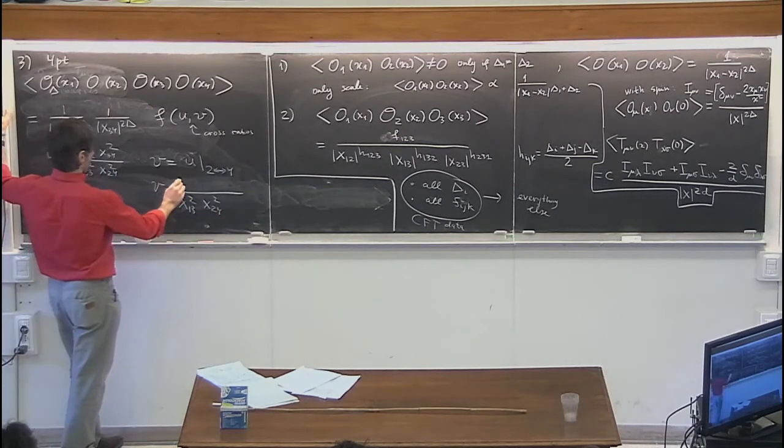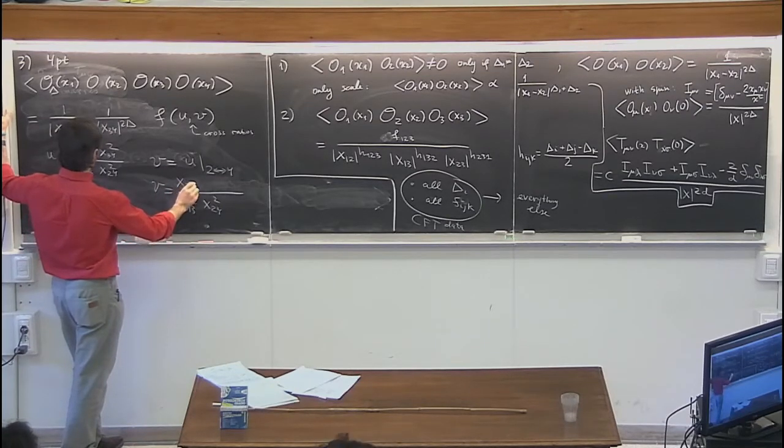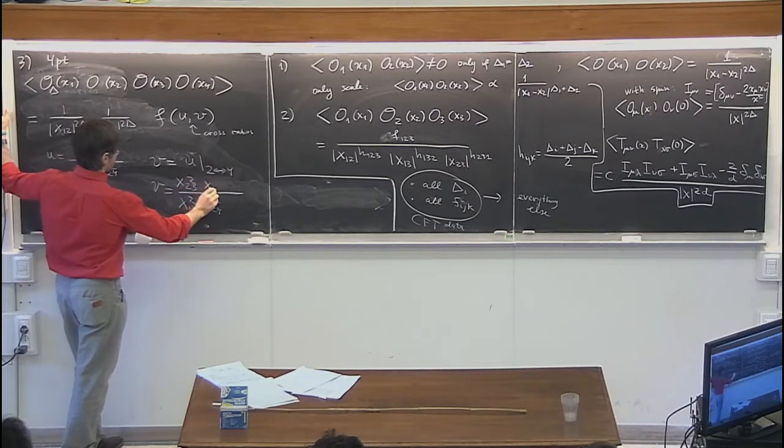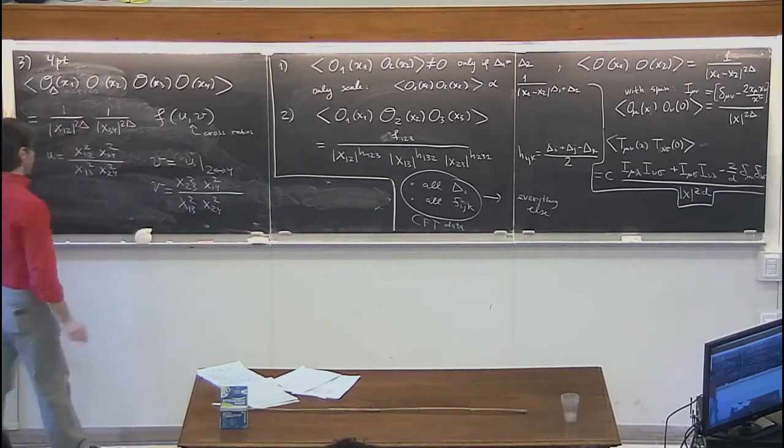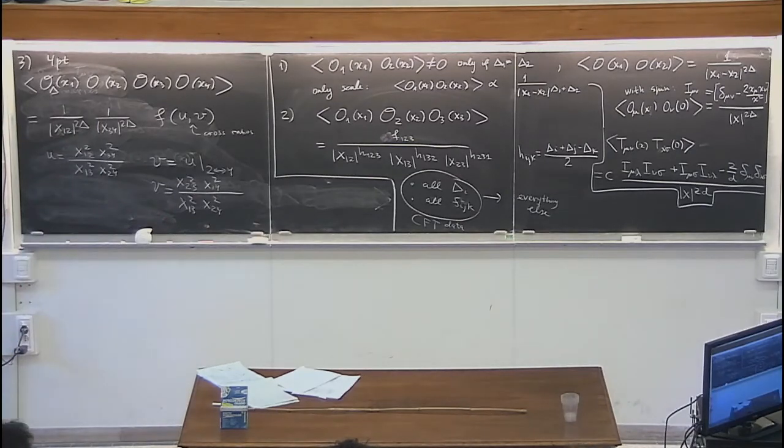It becomes x23 squared, x14 squared. So the claim is that any function of this form is conformally invariant.